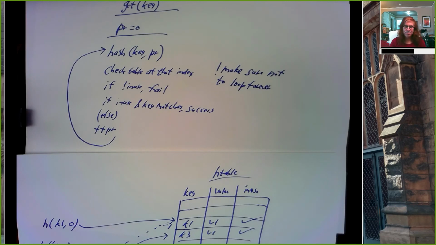If it's a good probe function that's guaranteed to check every location in your table, you could set that to the size of the hash table. In general, we want to keep probing until we find a spot or we decide it's not in there. So if your probe function is guaranteed to try every spot, I would just set it to the size of the array.